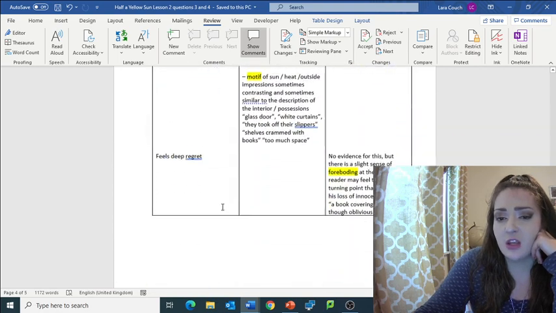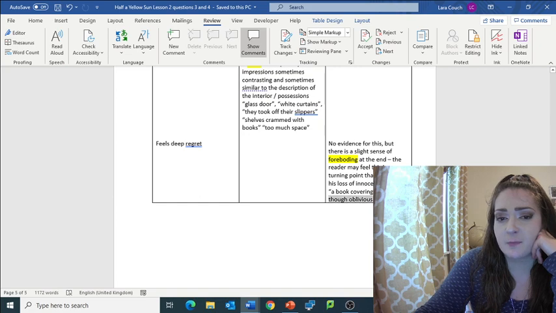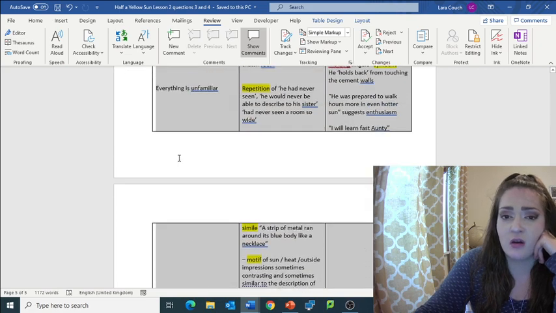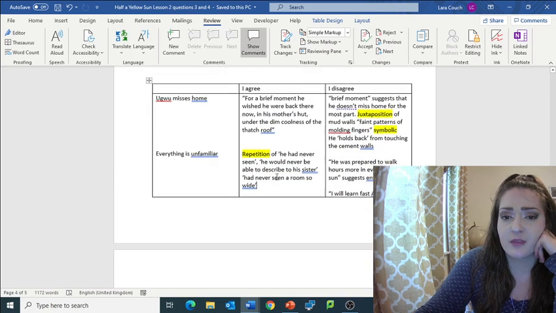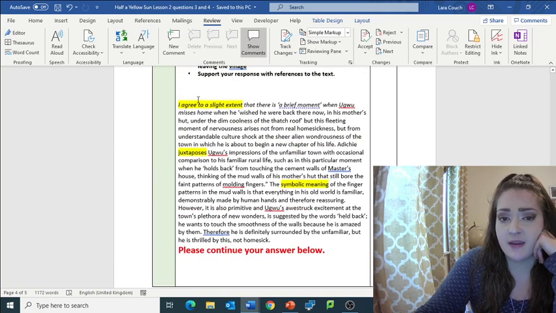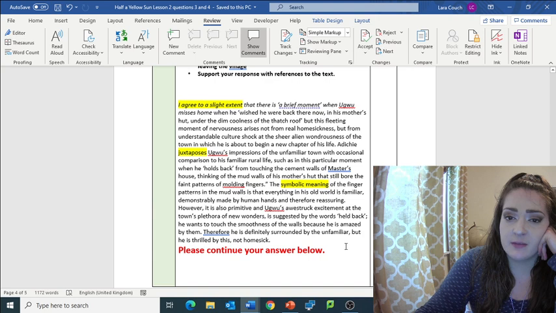So you can use Mum's planning grid for this question, or you can write your own if you're feeling particularly brave. But Mum has written the beginning here for you. I agree to a slight extent that there is a brief moment when Yuanga misses home, when he wished to be back there now, in his mother's hut under the dim coolness of the thatched roof.